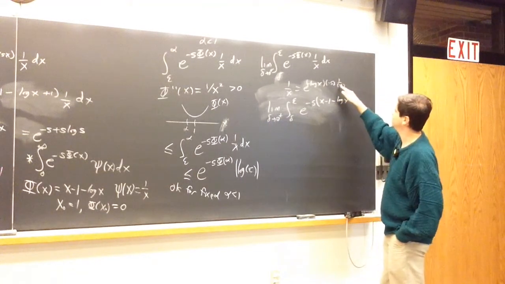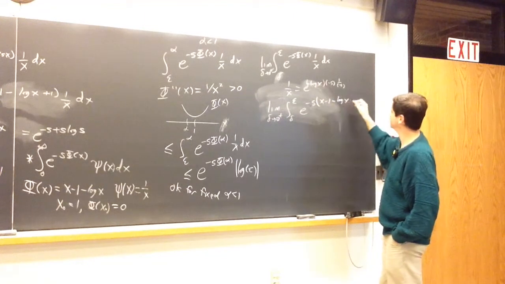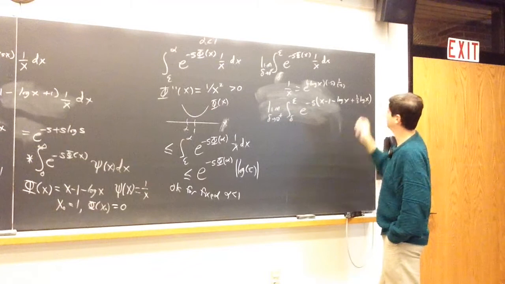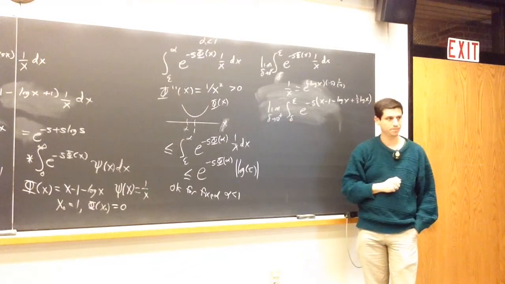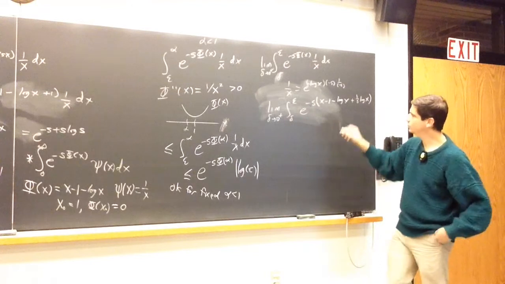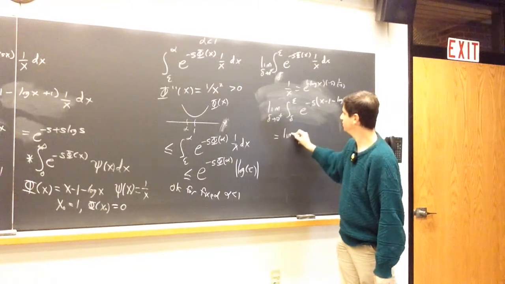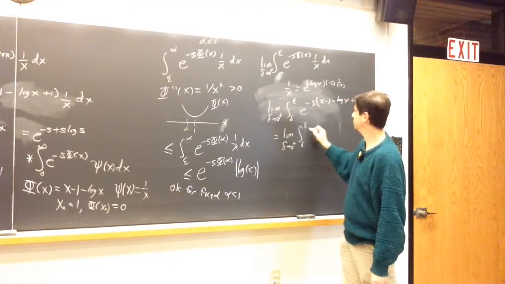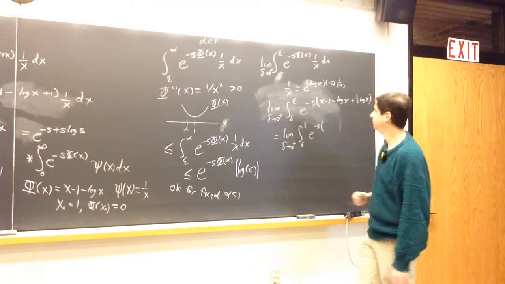And so now when we bring this inside, the negative and the negative reinforce, we get plus a 1 over s log x. So now when we look at the integrand, we now have the limit as delta goes to 0 from above, the integral from delta to epsilon, e to the negative s.